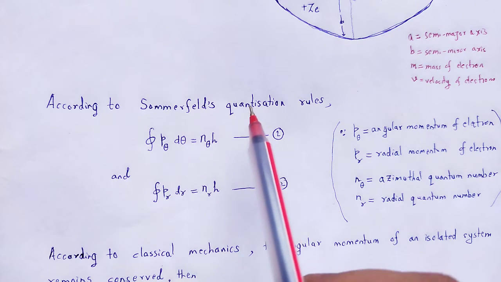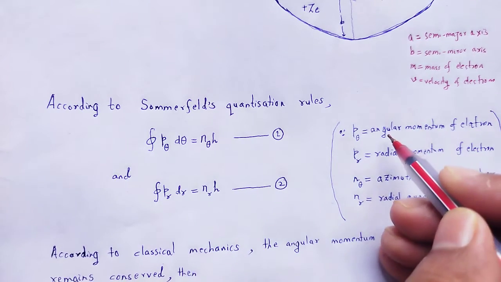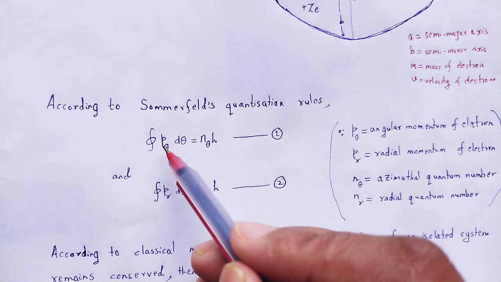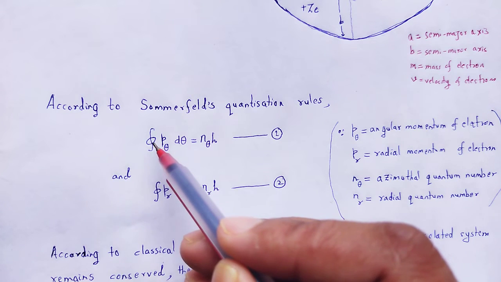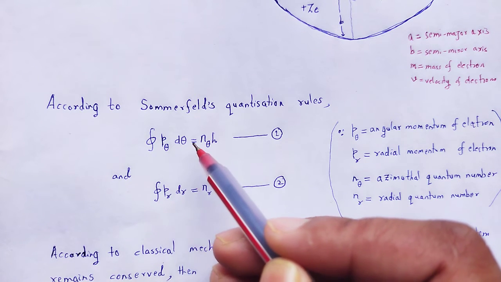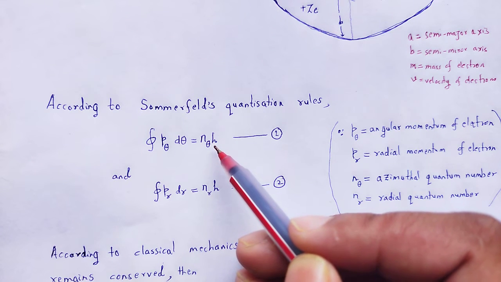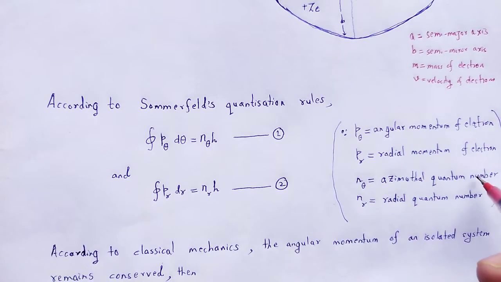According to Sommerfeld's quantization rule, p theta, which is the angular momentum of the electron, is quantized. So the closed integration of p theta d theta is equal to n theta h, where n theta stands for the azimuthal quantum number.